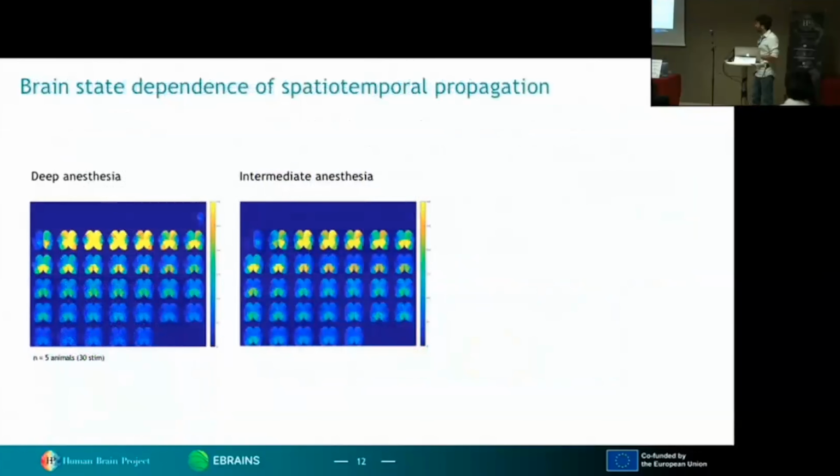By averaging several trials on different mice and registering the mice on the Allen Brain Atlas, we obtained this average sequence of activation for both the deep anesthesia level and the intermediate anesthesia level.